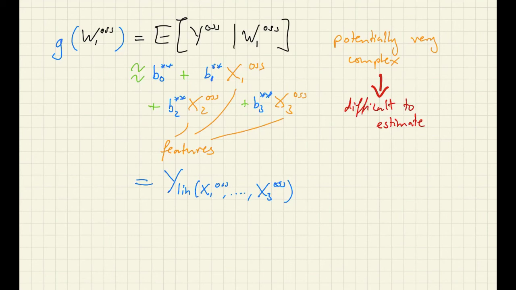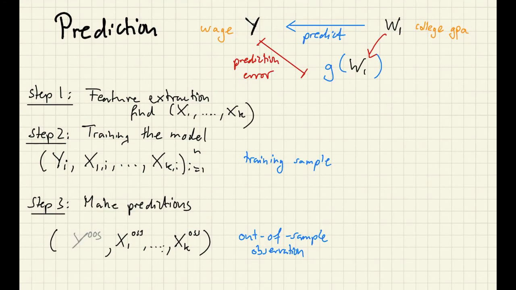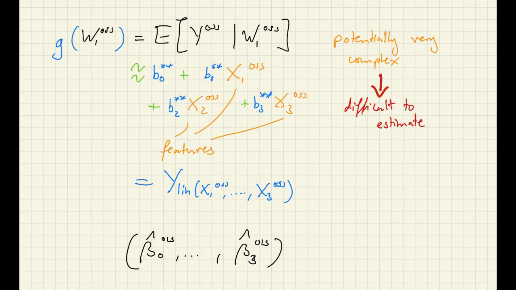These coefficients are unknown population parameters, but we know that they can be estimated by using OLS. If we computed the OLS coefficients from the training sample, those would estimate these coefficients that we're looking after.